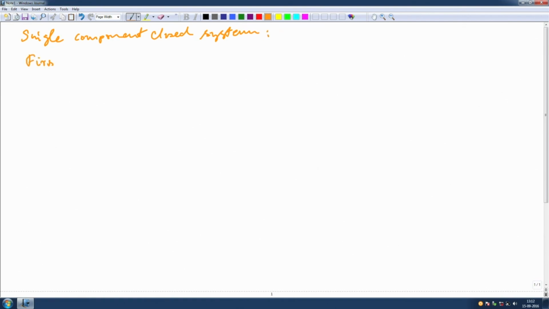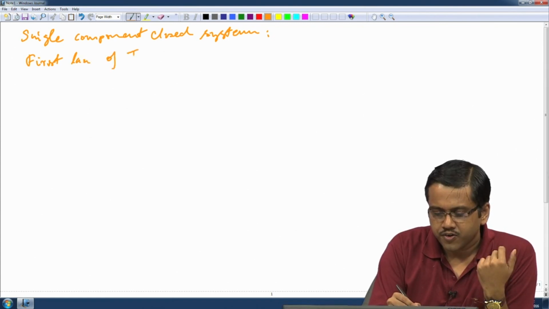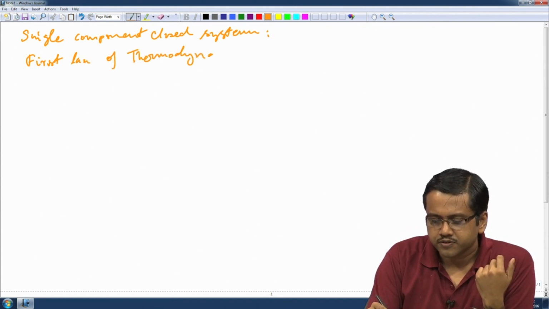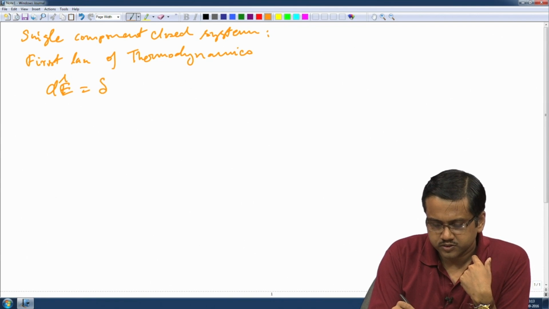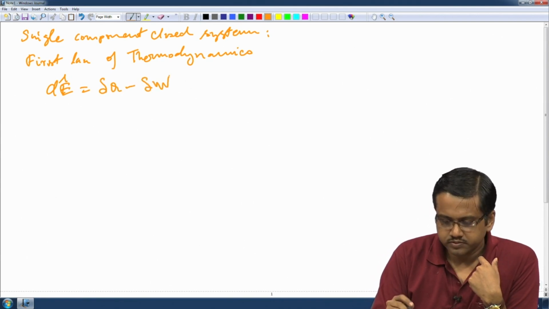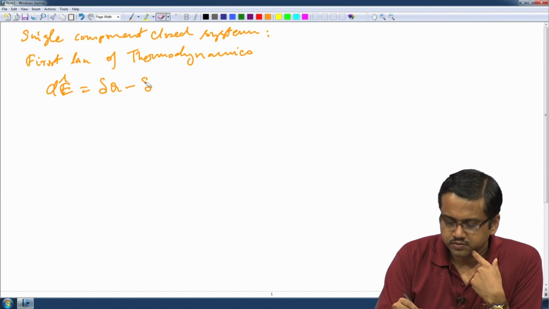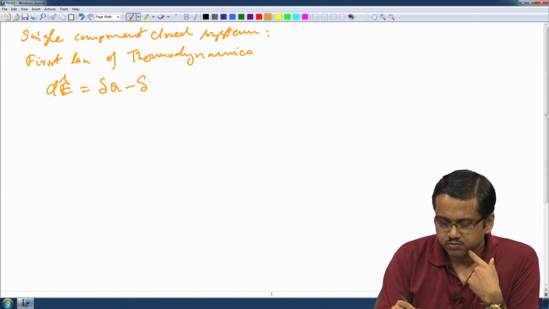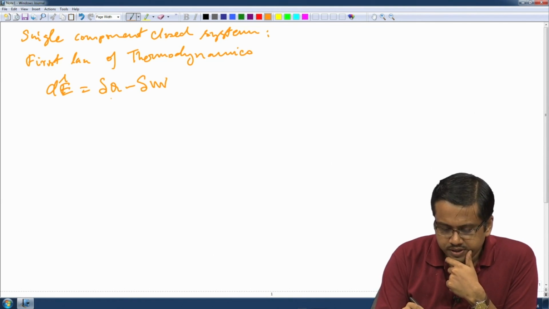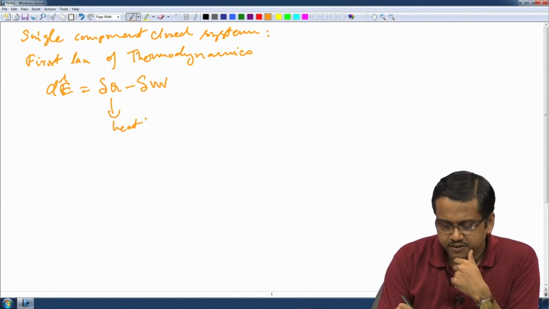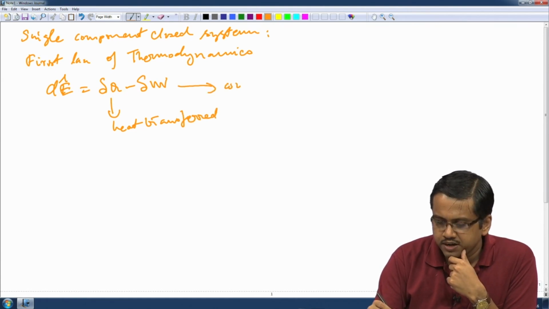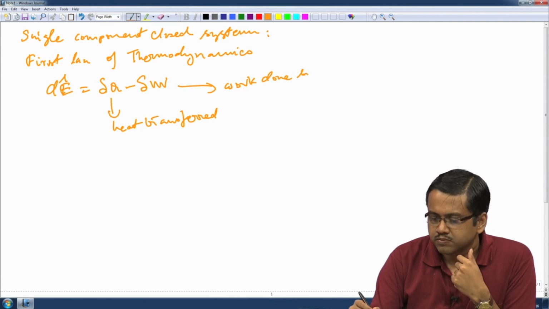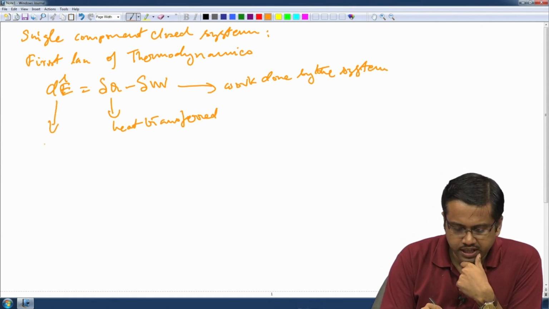The first law of thermodynamics basically is... In this particular expression, this term is basically the heat transferred, this term is basically the work done by the system, and this is basically the total energy.